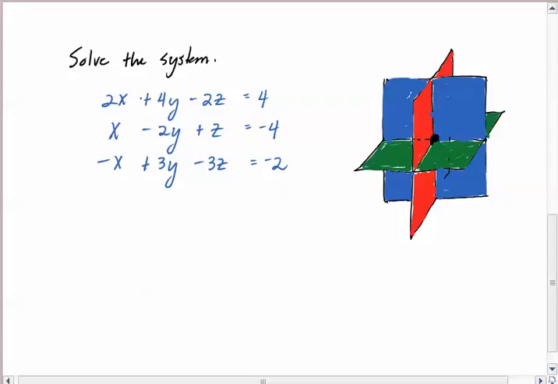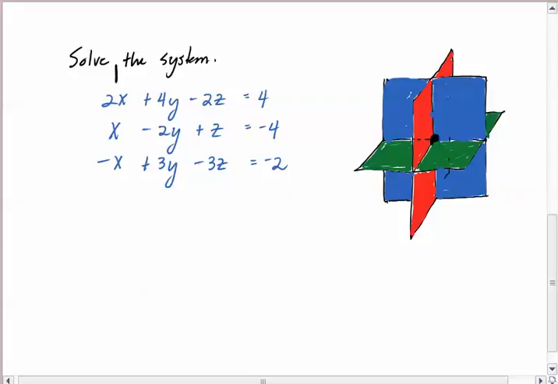What I'm going to remind you is that you always want to have these variables in alphabetical order. It's just x, y, z, and the constant is always on the right side. Let's take a look. What we're going to do is turn this 3 variable system into a 2 variable system.